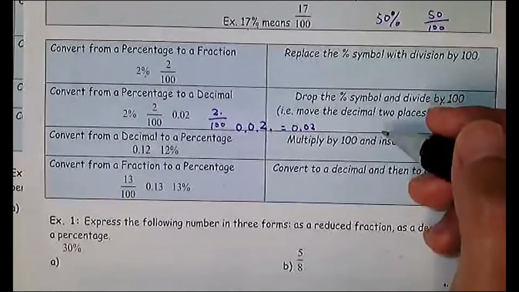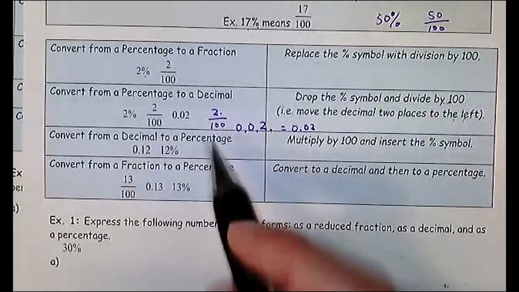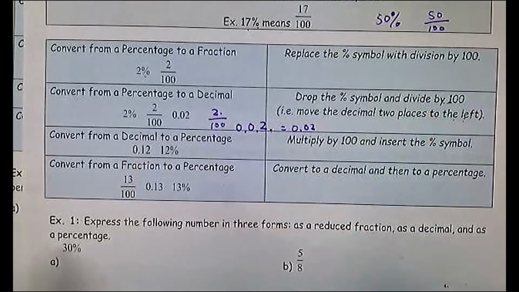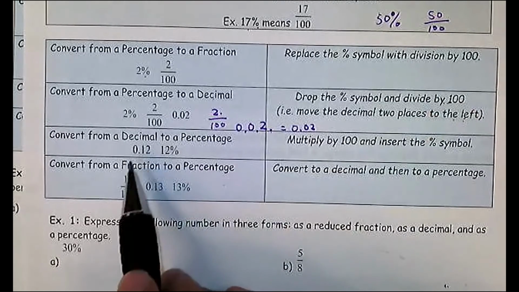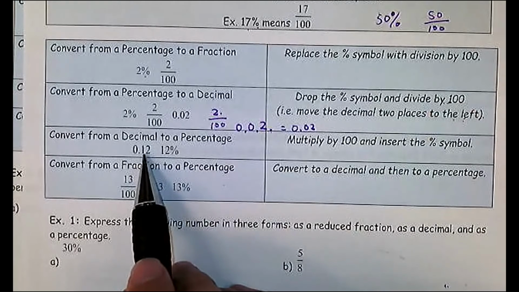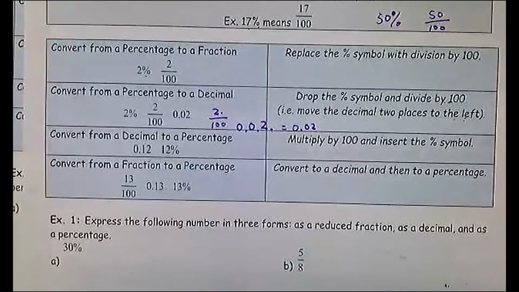Okay, let's continue. Convert from a decimal to a percentage. Let's say you have the decimal 0.12. How would we convert to 12%?